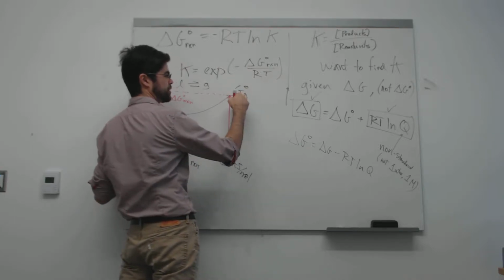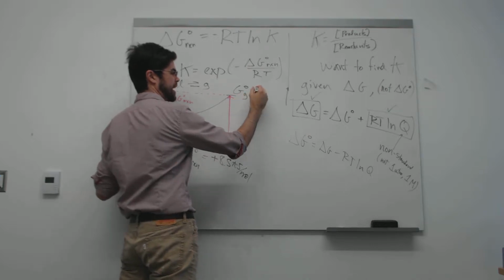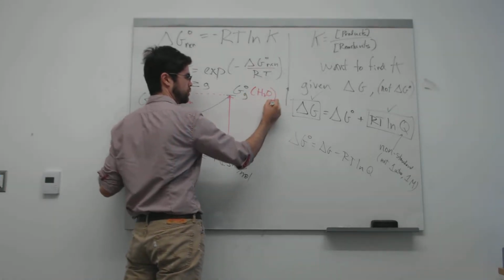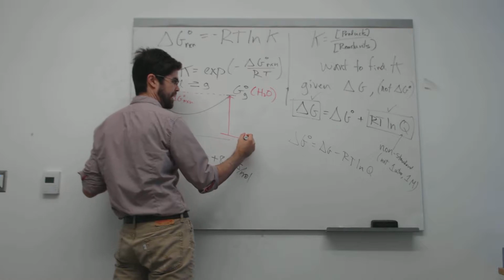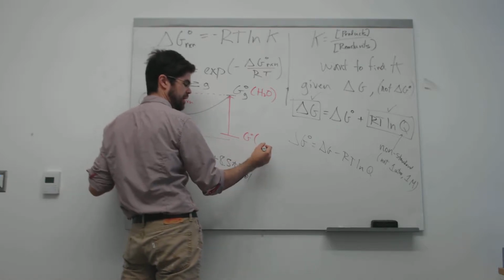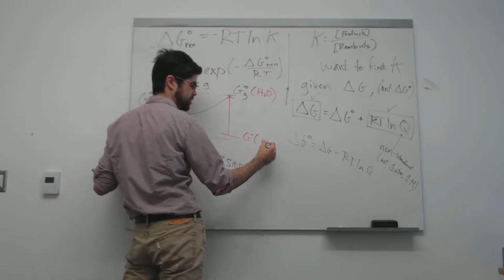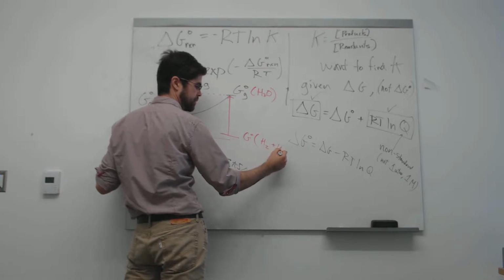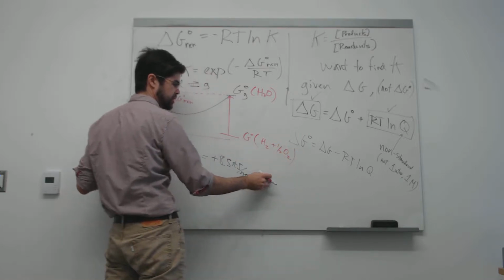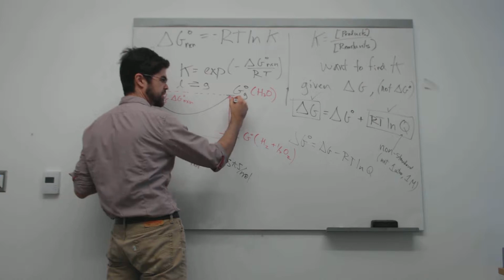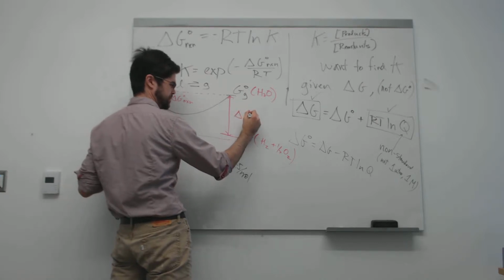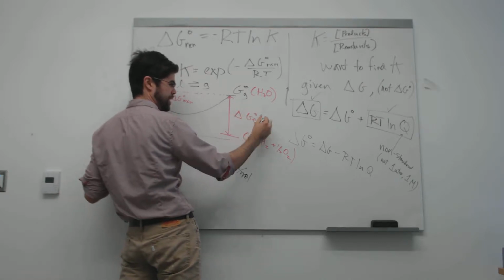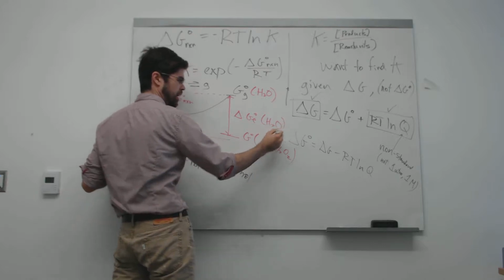So this would be the free energy of gaseous H2O. And down here I might have the free energy of hydrogen and oxygen. This energy change here is the free energy of formation of H2O.